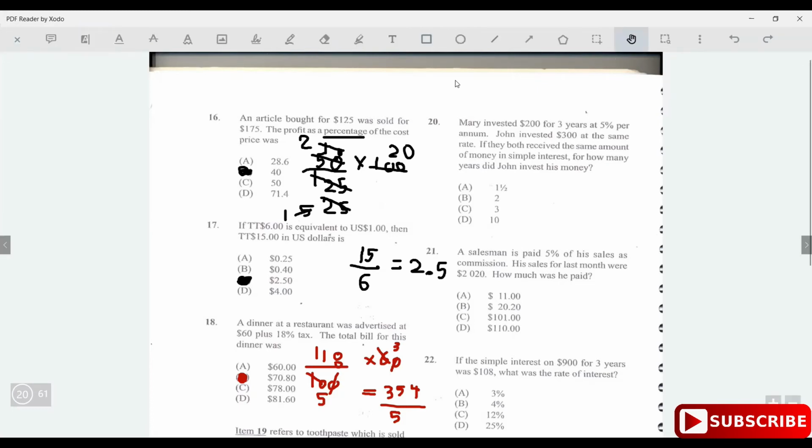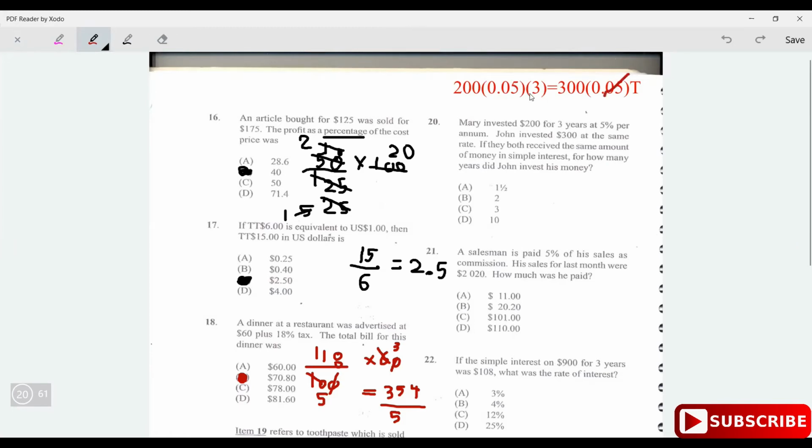So Mary's 200 is her principal times her rate of 0.05 times her time, 3 years, is equal to John's 300 times the rate of 0.05 times the time t. In order to find the time t, which is the amount of time John invested for, we notice 0.05 cancels on both sides. 3 times 200 is 600, and so 600 is equal to 300t.